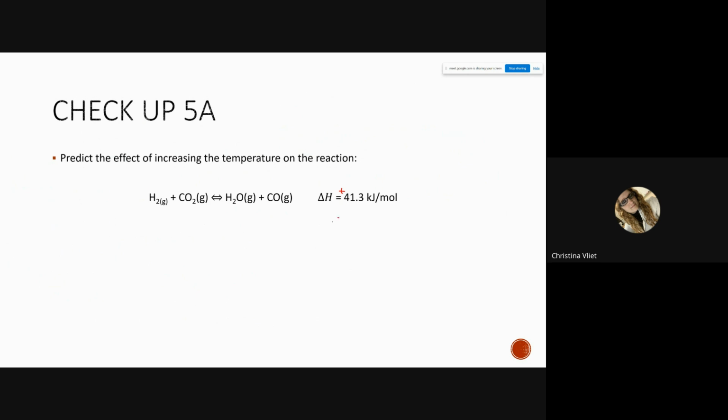So the first thing is endothermic means absorbing energy. So this means all changes in energy would be taking place on the reactant side, because that's what's happening in this reaction: it's absorbing energy as its net result.